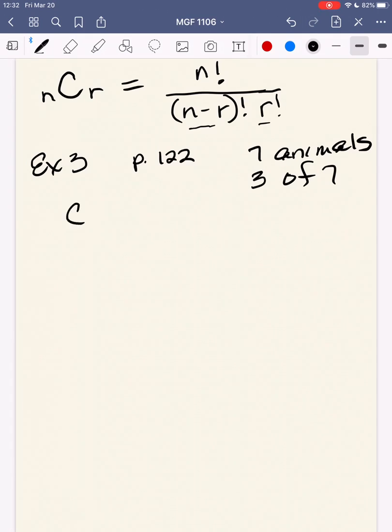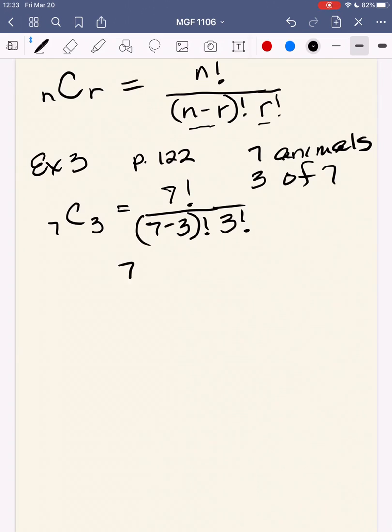So this is a combination of 7 animals choose 3. My n is 7, and I'm taking 3 out at a time, so I have 7 factorial over 4 factorial times 3 factorial. However you want to work it out, I have 35 different ways I could take these animals out.